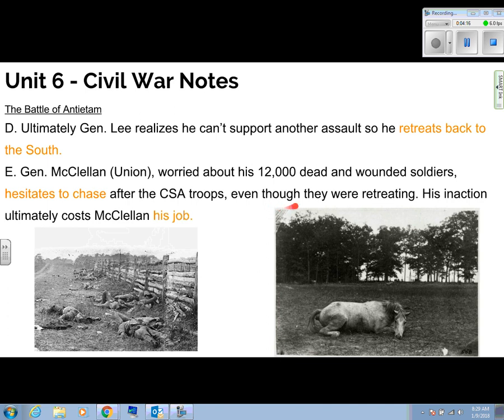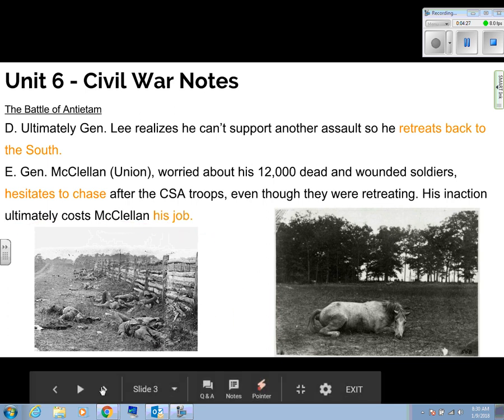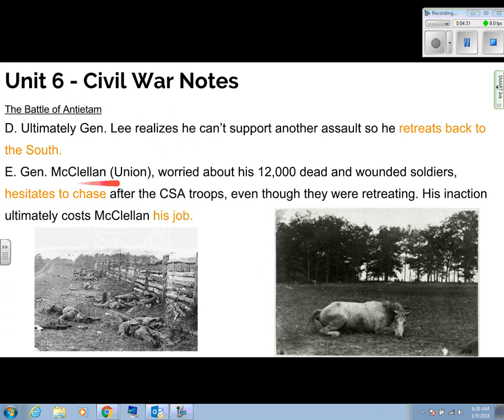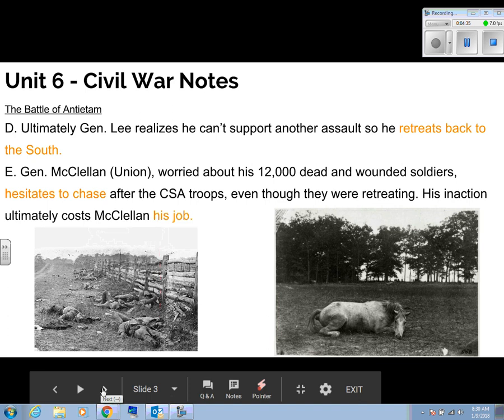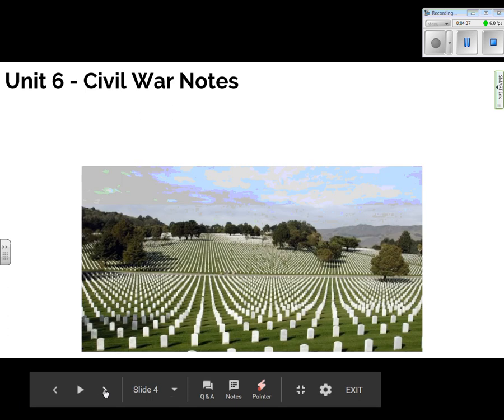But he's worried about how many losses he's had. And therefore, because he doesn't chase after the South, Lincoln fires him. So McClellan is out, which is going to pave the way for a new leader, which we'll talk about later. So Lee retreats because he knows he can't win. McClellan won't chase after him, and he gets fired. Lincoln is upset because he thought that was the chance.